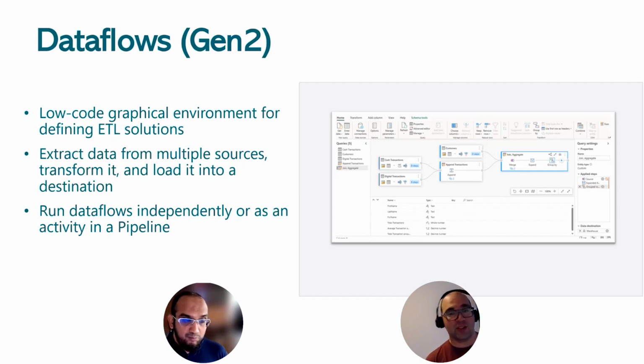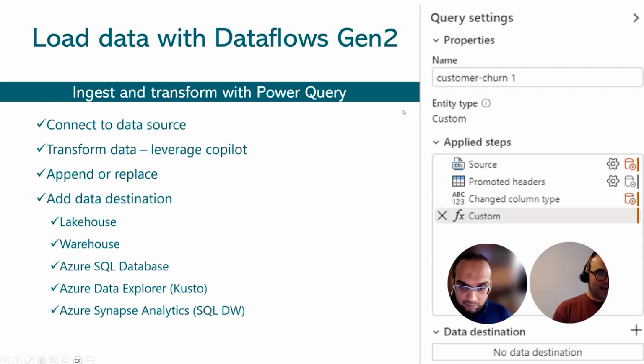There are different destinations at this moment. Most important for you is that you can load the transformed data into a lakehouse or warehouse in Fabric. Currently, those destinations are available: Lakehouse, Warehouse, Azure SQL Database, Kusto Database or KQL, and Azure Synapse Analytics.